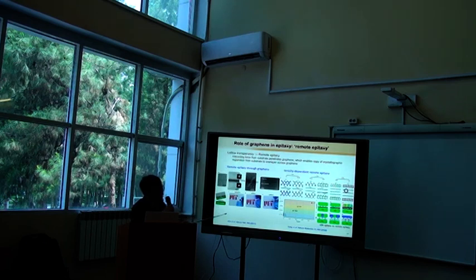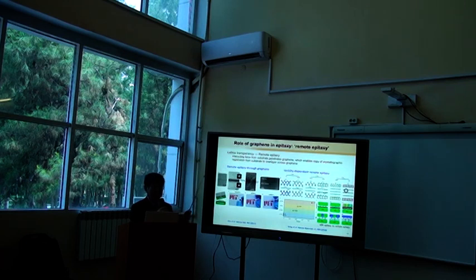This remote epitaxy is explained by the ionicity of the substrate. So more ionicity in the substrate can give more remote epitaxy through atomic layers like graphene or other two-dimensional materials.